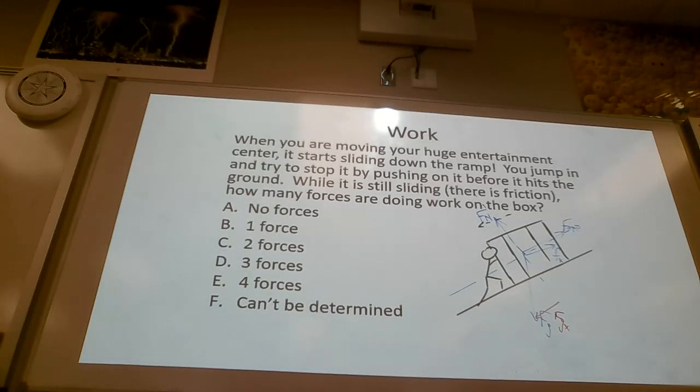How much work is normal force doing? Is there any component of force that is acting parallel to the direction of motion from normal force?